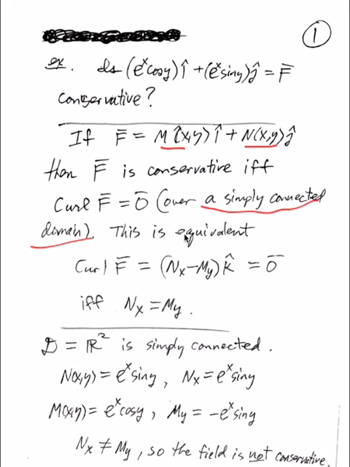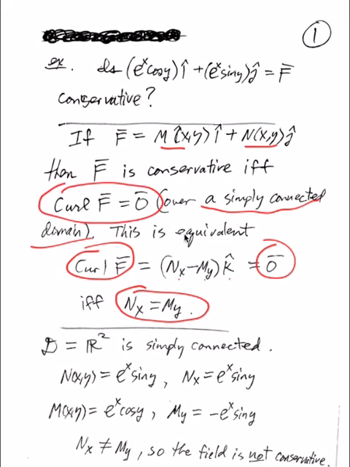In 2 dimensions, the curl ends up being N sub x minus M sub y k. That's going to be 0 if and only if N sub x equals M sub y. So that was the shortcut in the case of dealing with a function in 2 dimensions. We've got a little bit shorter way of making this statement.